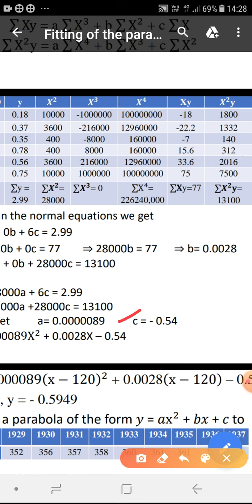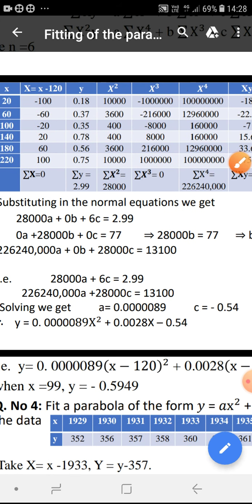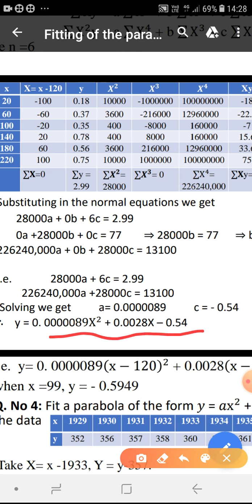So once you get all the three coefficients, then you can put them in the equation y equal to A into capital X square plus B into capital X plus C. Substitute A, B, C values. Now capital X means small x minus 120.